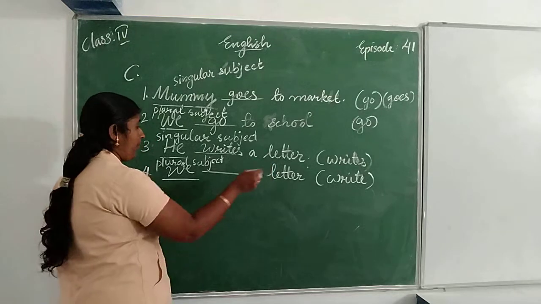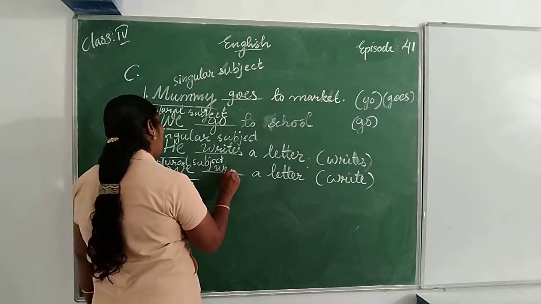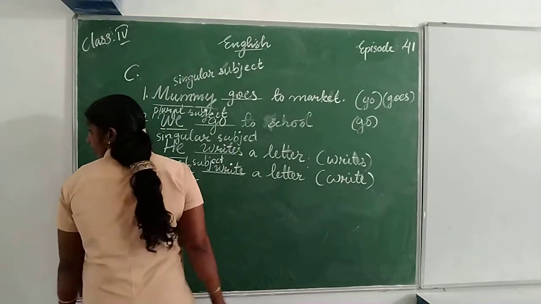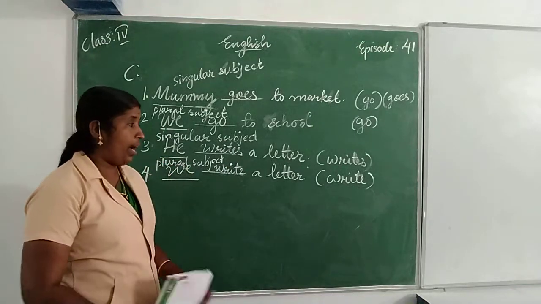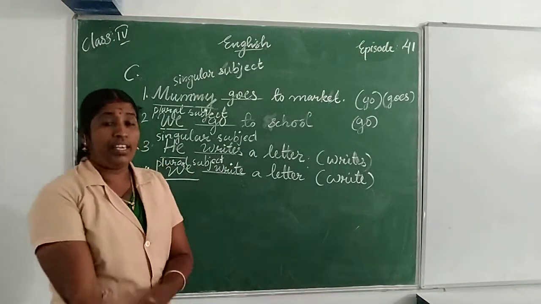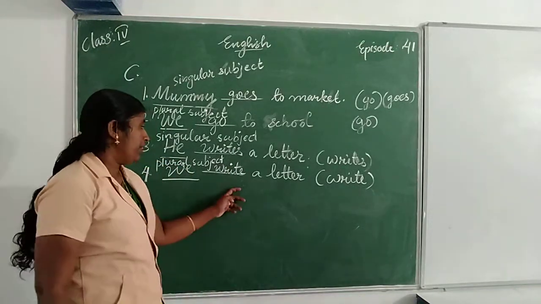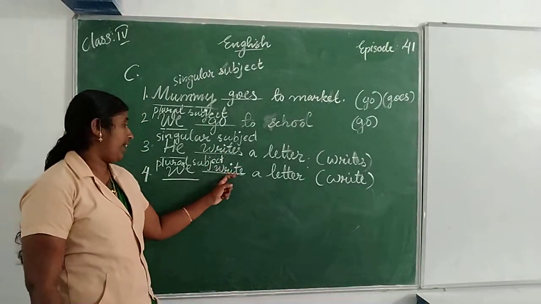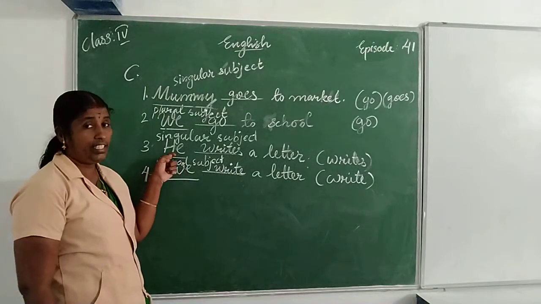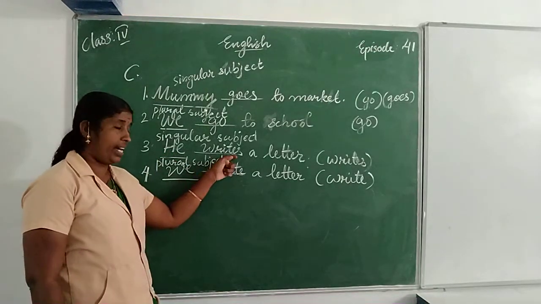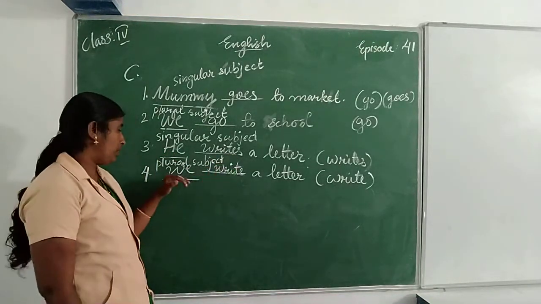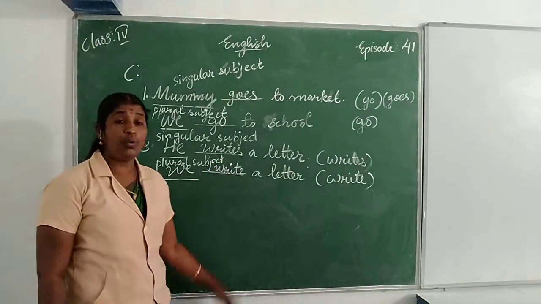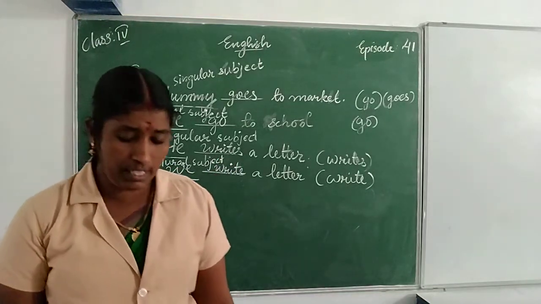So we use the verb write. We write a letter. Here two verbs are given, writes and write. With he, the singular subject, we use writes, the singular verb. With we, the plural subject, we use write, the plural form of the verb.